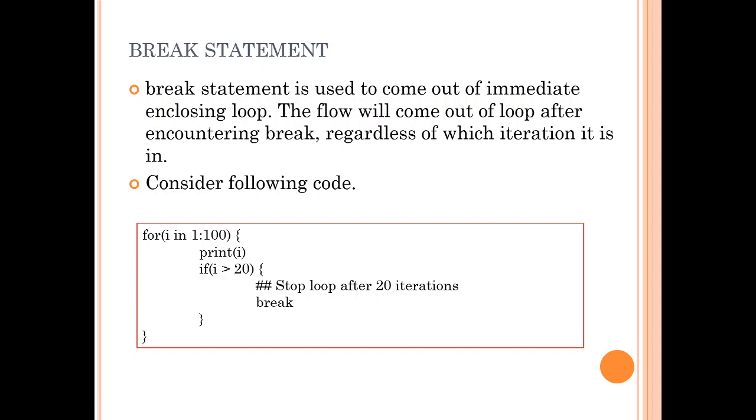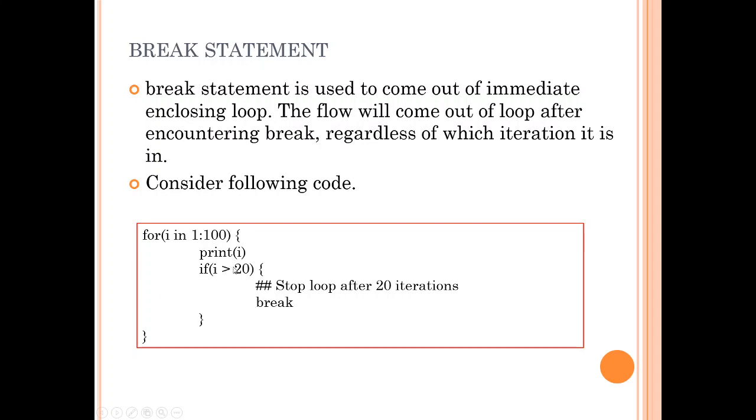So now only the first 20 values from 1 to 20 will be displayed, because once this if condition is true and you come inside, the break statement will take you directly out of the for statement.